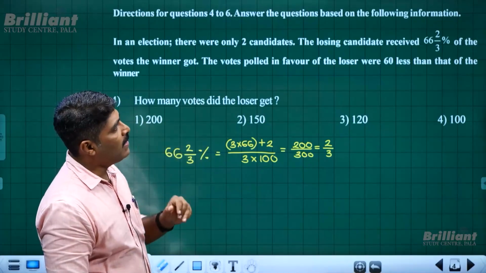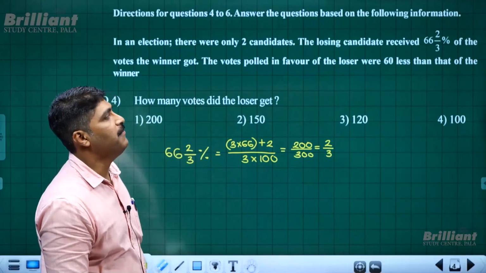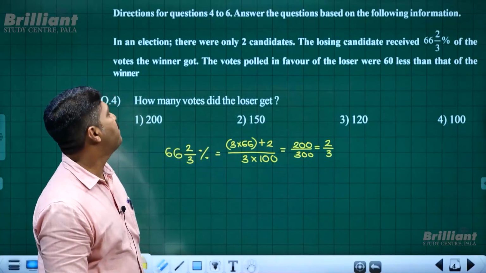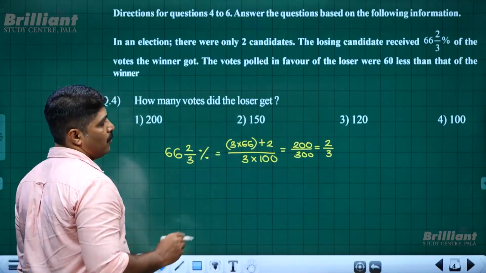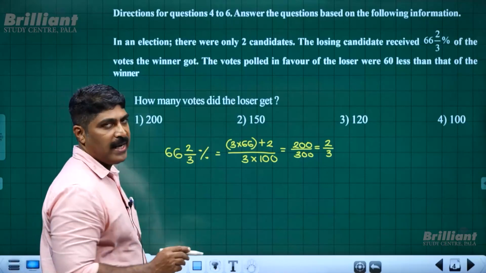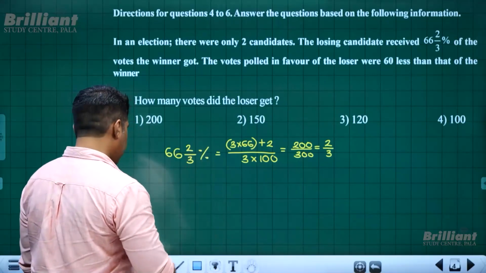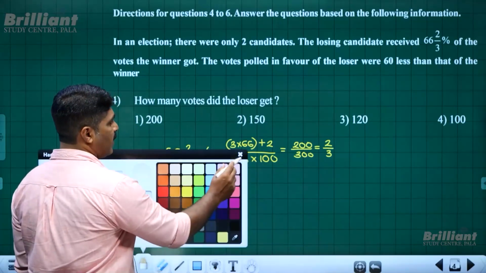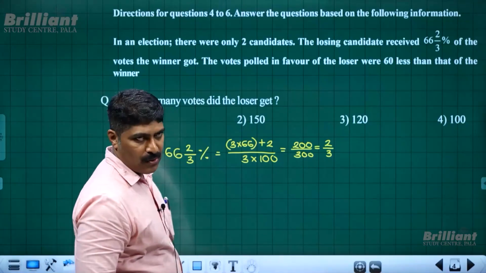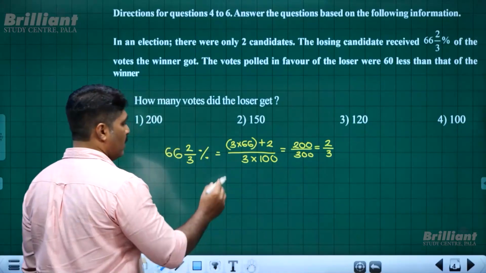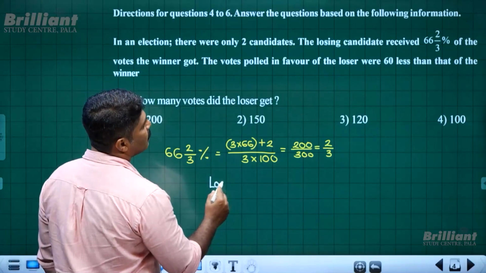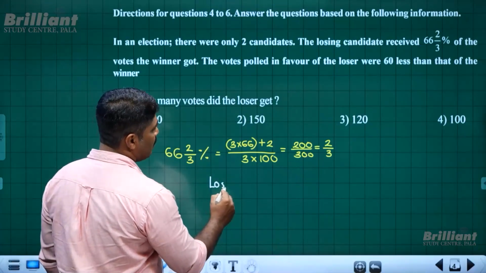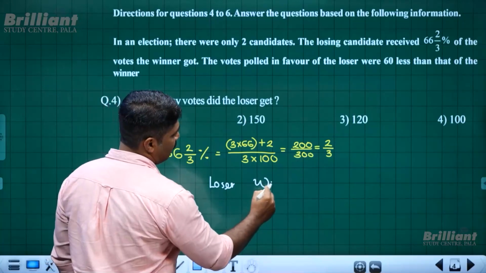The losing candidate received 66 and 2/3% of the votes the winner got. So what you have to do is consider a ratio-wise approach for these 2 candidates. Here we are considering the voting status of the winner and the loser, loser and winner.